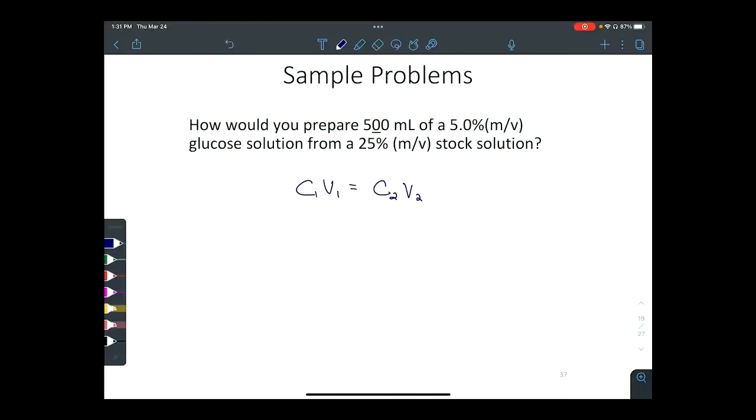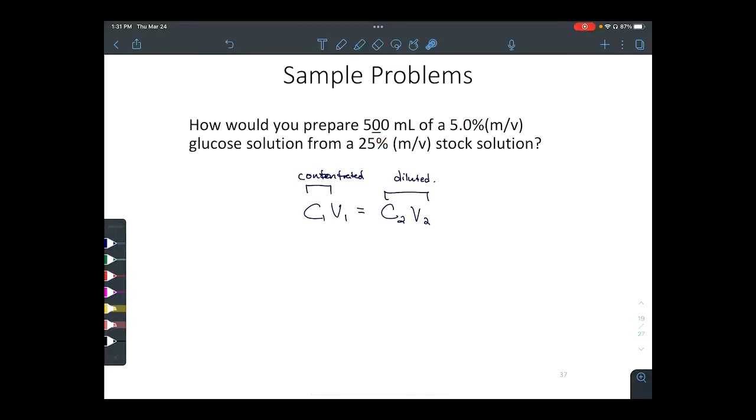So my idea here is that C1 and V1, these are always the concentrated values, and C2, V2, these are your diluted values. So this might help you kind of go along.